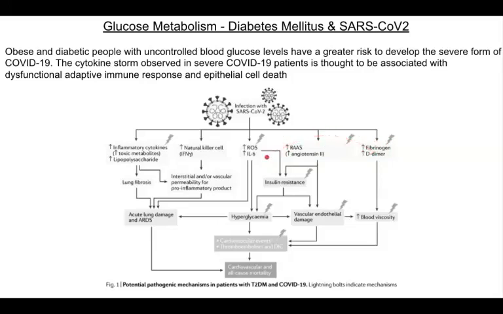These lead through various processes, with hyperglycemia being central to most of these damaging processes, causing acute lung damage, vascular endothelial damage, and increased blood viscosity, which eventually lead to cardiovascular events, thromboembolism and DIC, leading to an increase in cardiovascular and all-cause mortality.